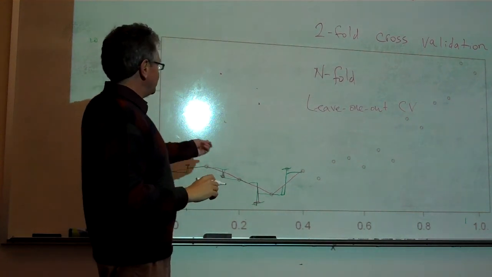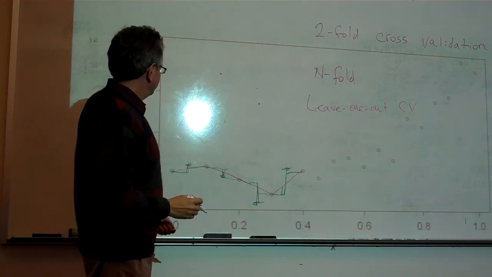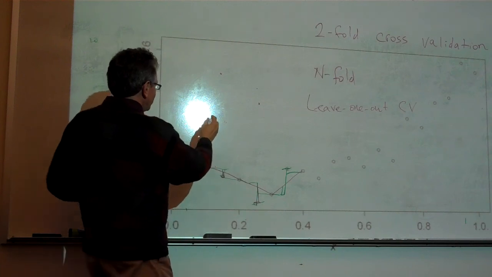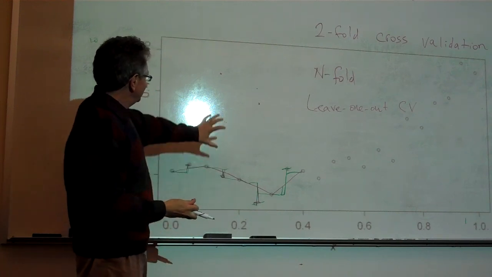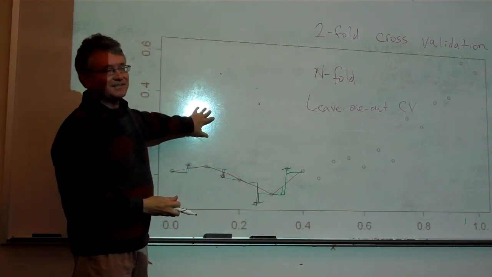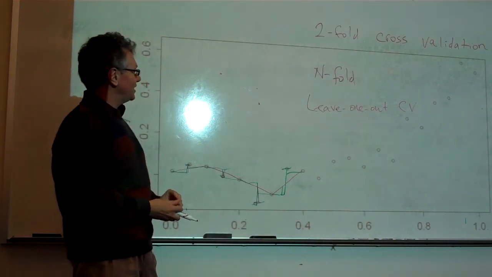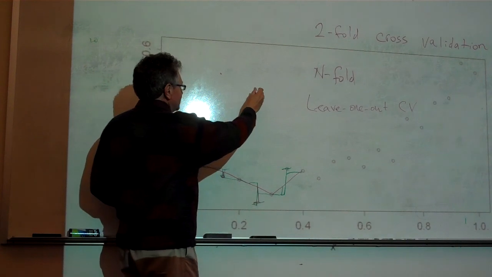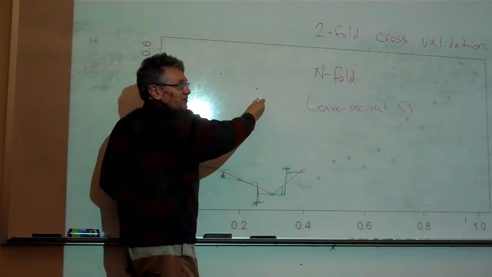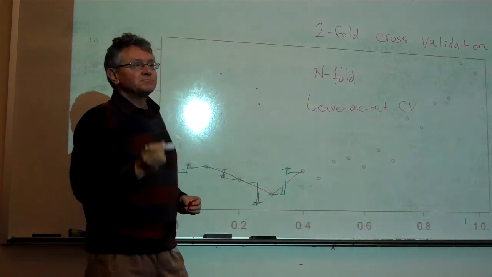If you picked half of these data points at random, there's a non-trivial chance that your training data set is all going to be here, and so you're really not going to have any information out here. Whereas with leave one out validation, at least when you're predicting this one, you know that you're going to have this one in your training data set.